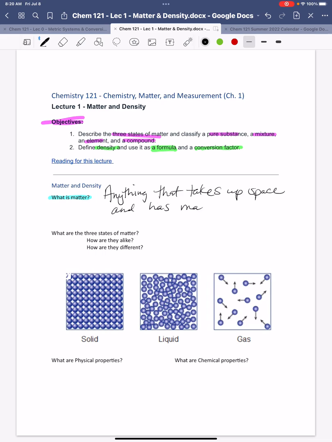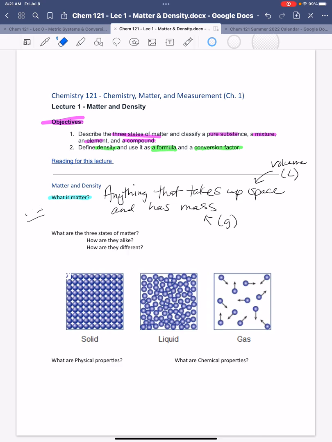So I challenge you to sort of think about things that don't take up space or have mass, right? Often students will tell me that air is not matter, but it definitely has what we call volume. That's another way to say space, right? And mass, we spoke about yesterday, we measure that in grams. So anything that takes up space and has mass is called matter.